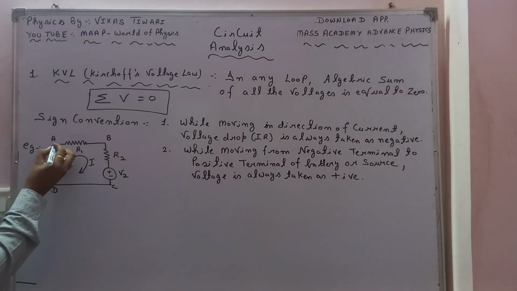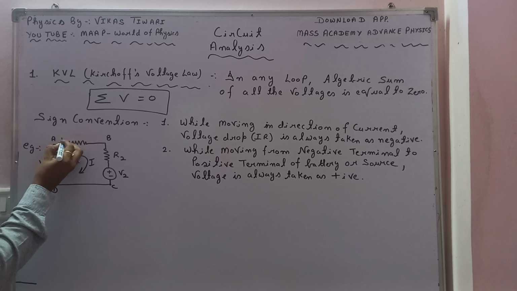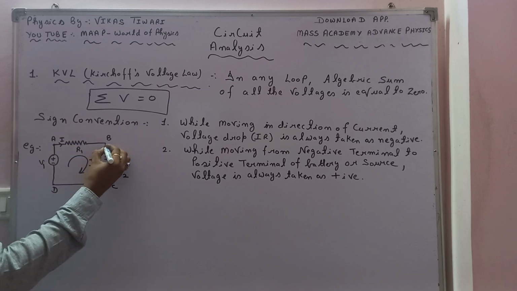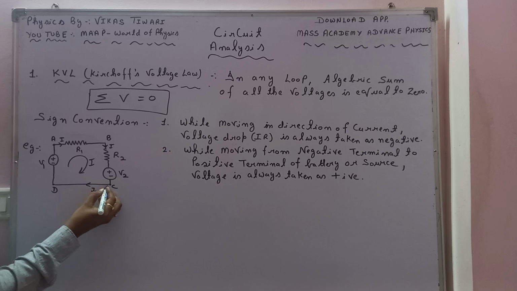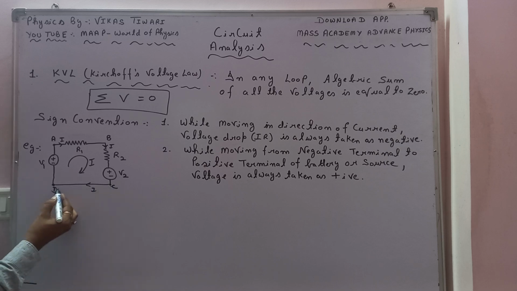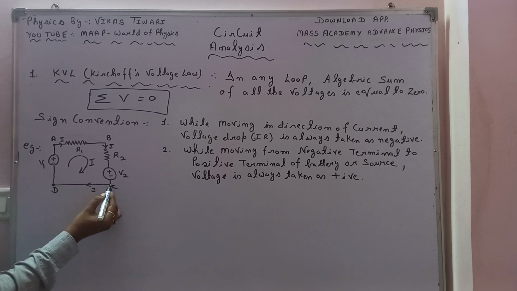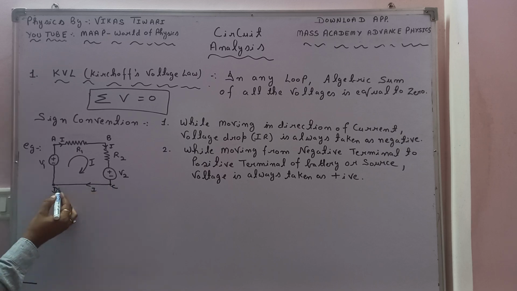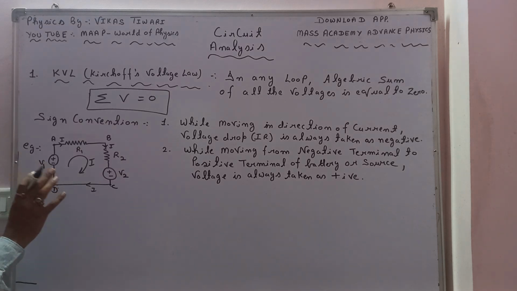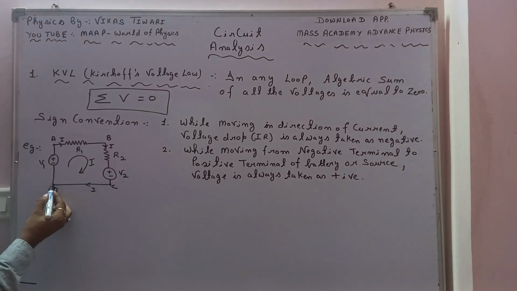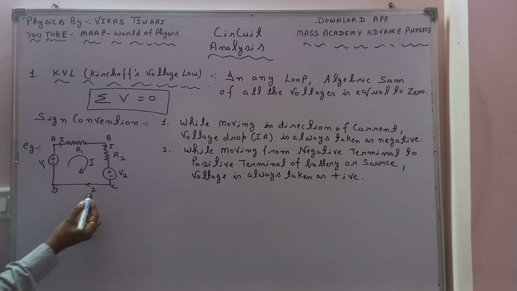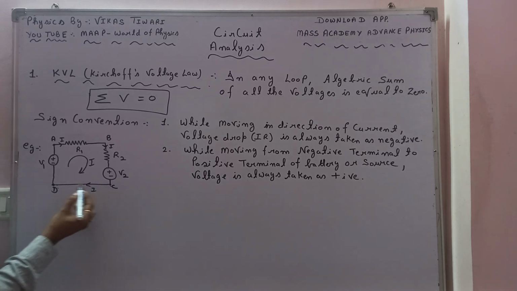Now this current I flows over here, and again flows over here, but there is no element. If there is no element between two points, these are called equipotential points, therefore the potential difference between these two points is 0. These are also the same points.